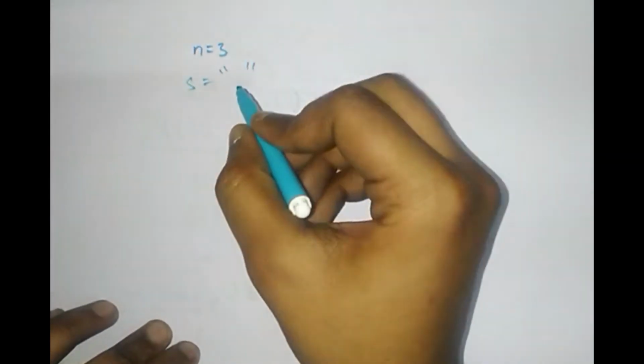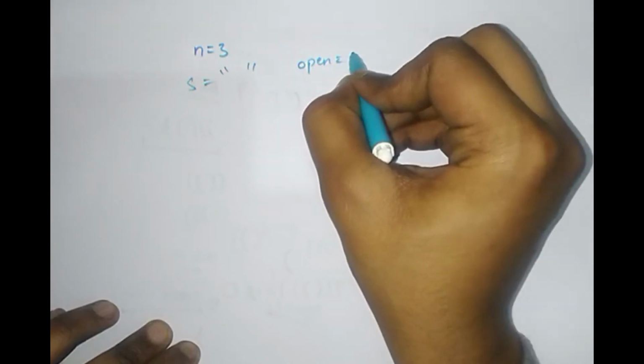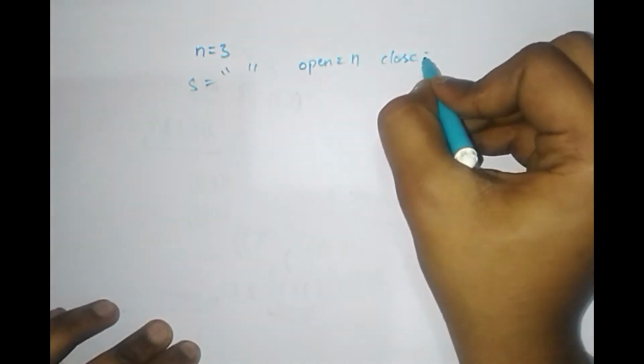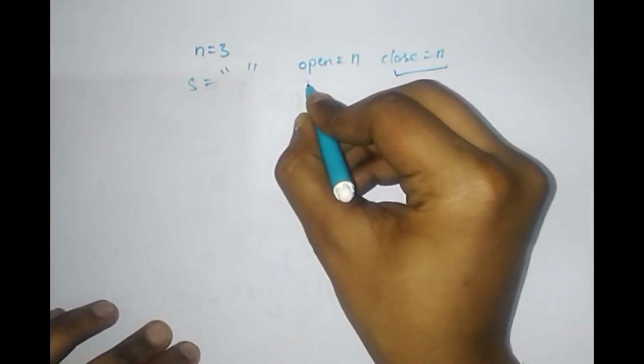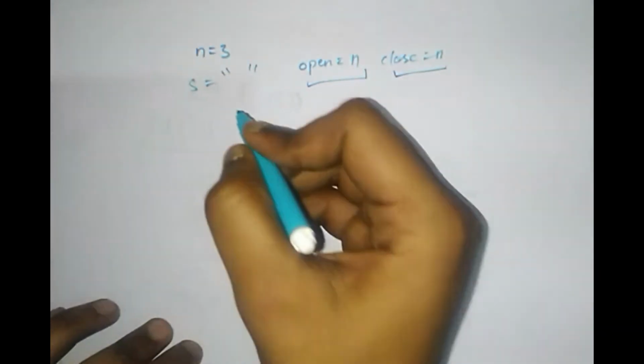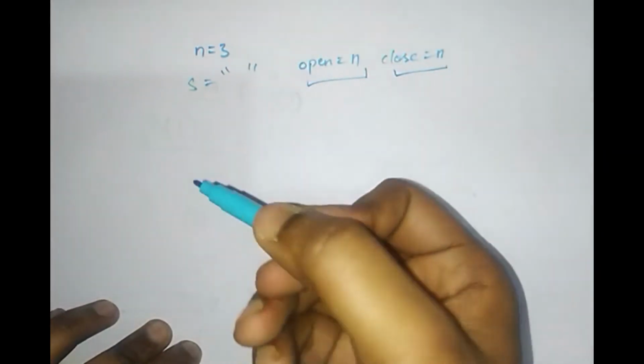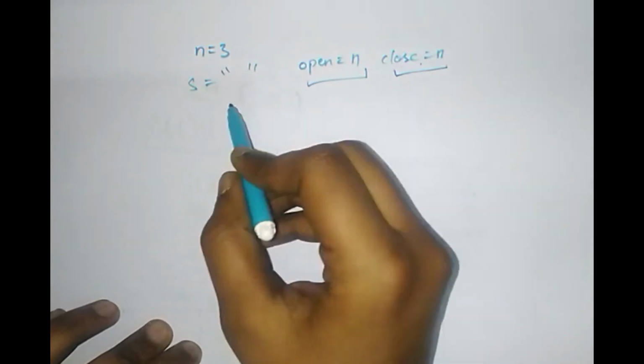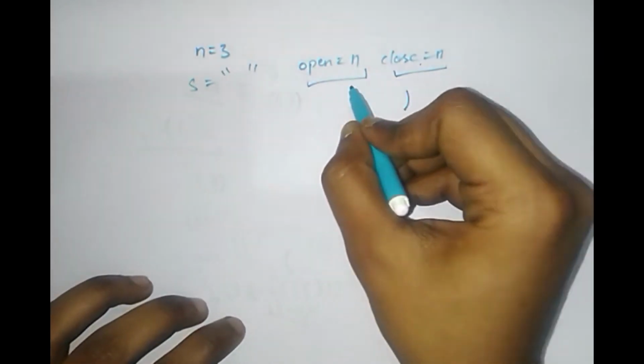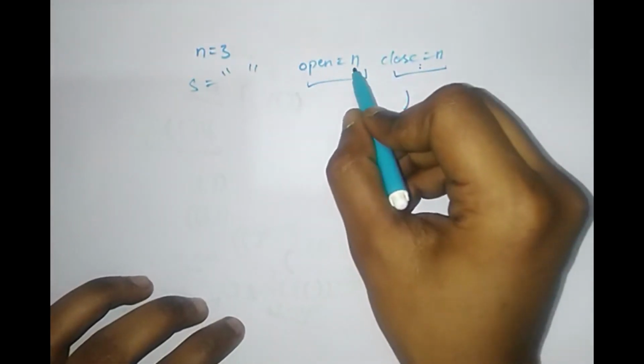Initially open equals n and close equals n. Now I cannot append a closing bracket because close is not greater than open.